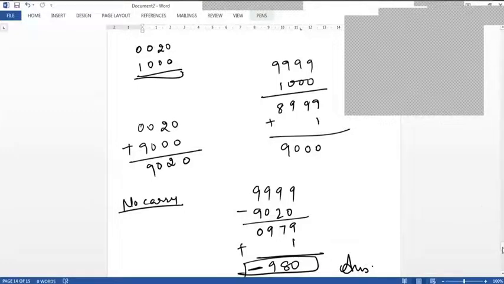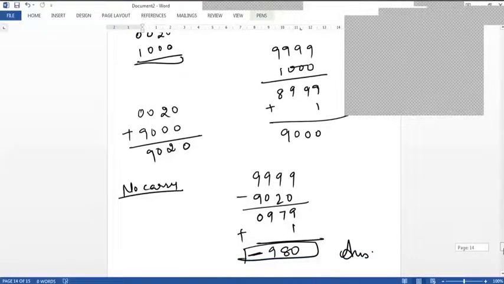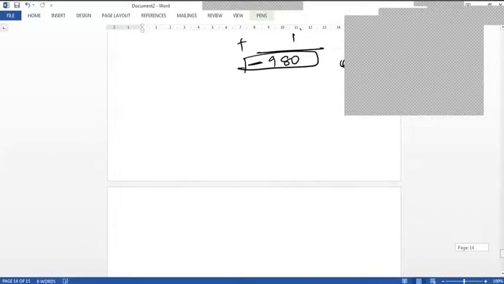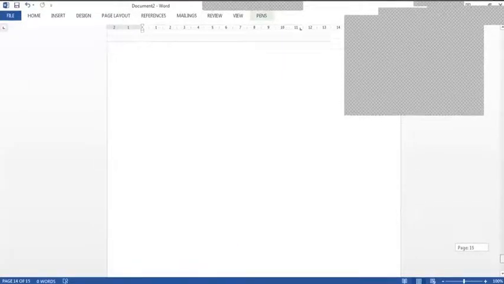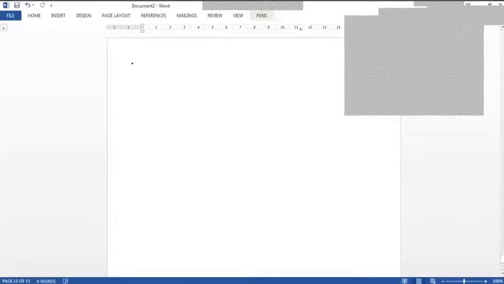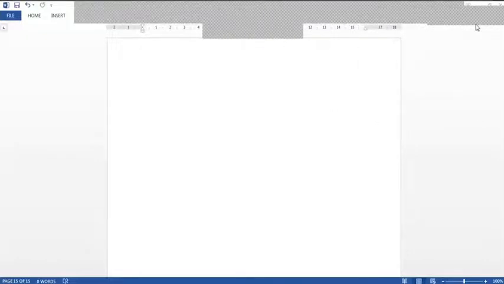Chalo, so I hope you have understood these procedures, the procedure for carrying out subtraction using complements. Now, chalo, the last concept to be taught for complements. See, listen carefully, okay? I want this to be an interactive session for the last 10 minutes. We all have studied 2's complement and 1's complement.